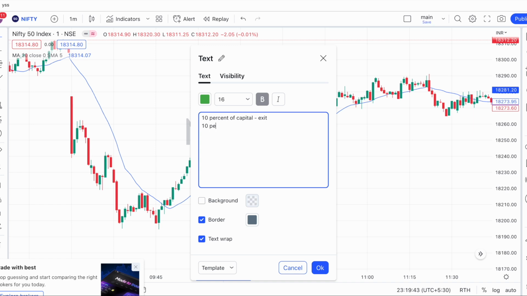Second, if you make 10% of your capital, you can partial exit, which means let's say you have taken 1000 quantities. Out of the 1000 quantities, you can maybe exit 500 quantities, and you can keep the rest of the quantities to make more profits. Okay. This is the first rule.